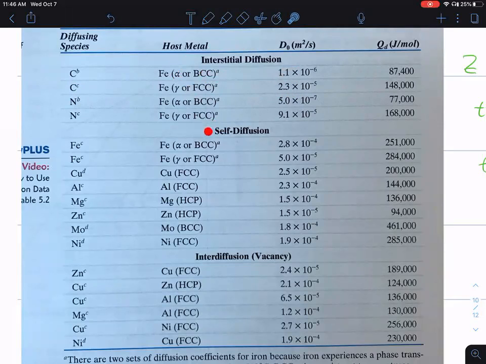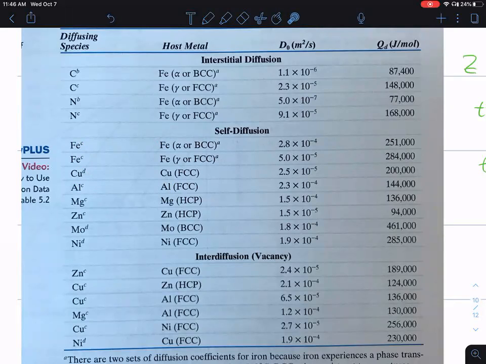Now we can look at self-diffusion. Look at here: why is it iron, copper, aluminum? Because it's called self-diffusion. Remember, self-diffusion only occurs in pure metal. So the pure metal atoms diffuse into the empty vacancy sites.